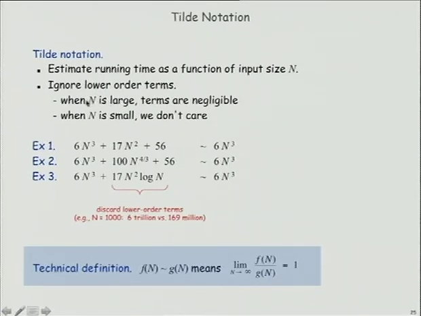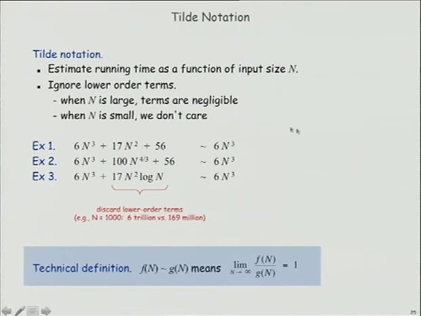When n is really large, the lower order terms will be small compared to the large terms, so we can just ignore them, since the function will be dominated by the higher order terms. However, if n is small, we don't really care about that. Then it will take a couple of milliseconds, a couple of nanoseconds to execute the program, so we're not really interested in that case.